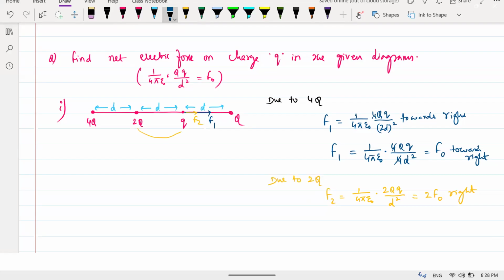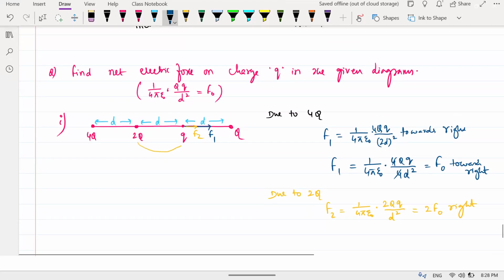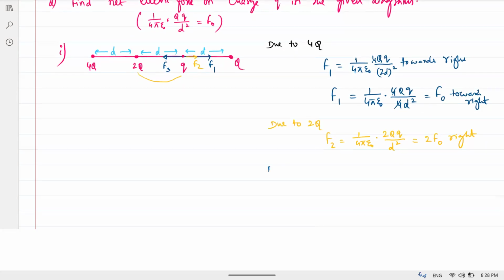Now tell me about capital Q. How will the capital Q exert force on small q and in which direction? It will exert in the left direction, because capital Q is more than small q, so it will exert the force F3 in the left direction. Due to capital Q, F3 is equal to 1 by 4 pi epsilon naught into capital Q small q.